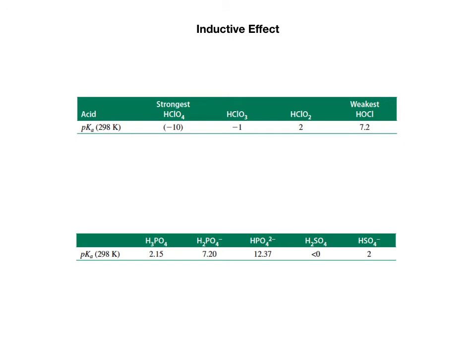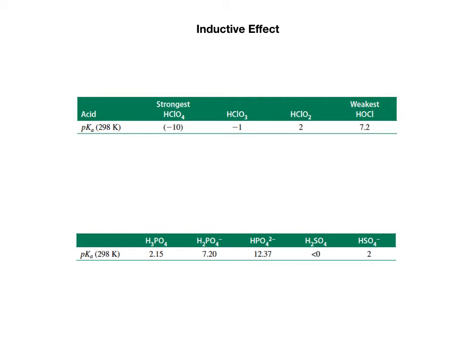There are many other examples of the inductive effect impacting the acidity and basicity of molecules. Shown here are two other sequences you can find in the text. On the top are pK values listed for 4 acids, and the common feature of all those acids is the central atom, which is chlorine, and the difference between them is how many double bonded oxygens are attached to the chlorine atom.